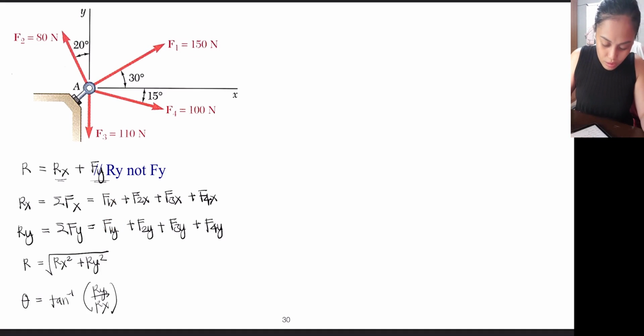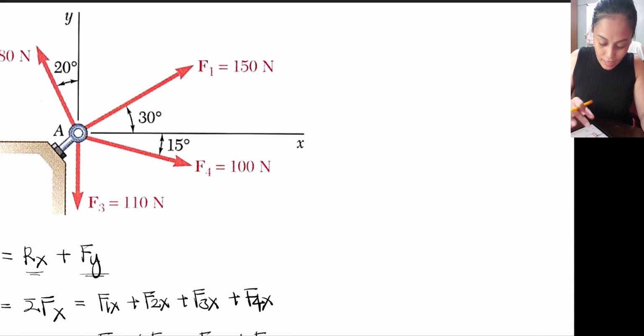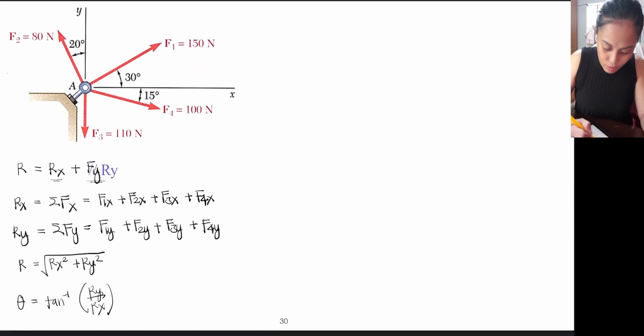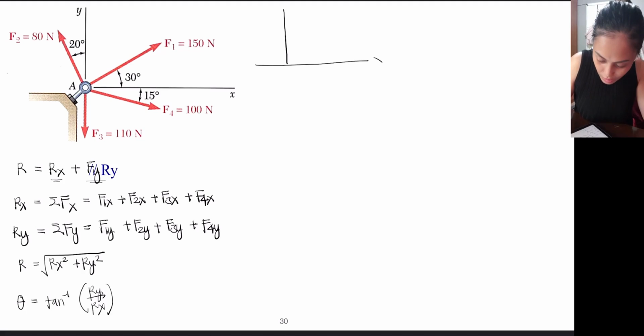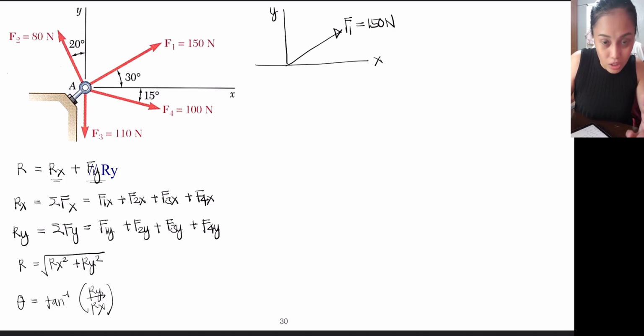Let us analyze F1 first. I will separate it and draw it so that it is clear. F1 acts along x and y. This is F1, which is equal to 150 newtons. The given angle in the problem is that F1 is acting 30 degrees from the x-axis.